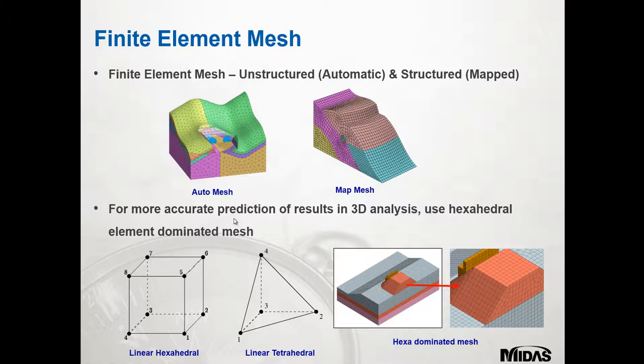This is for more accurate prediction of the results in the 3D analysis, where we use the hexahedral element dominated mesh. As you see here, you've got the linear hexahedral and you've got the linear tetrahedral. So I said the hexahedral wrong there. So hexahedral dominated mesh, as you can see here in this model, where it's more of an orderly fashion, and you can see the combination where it meshes at different points.